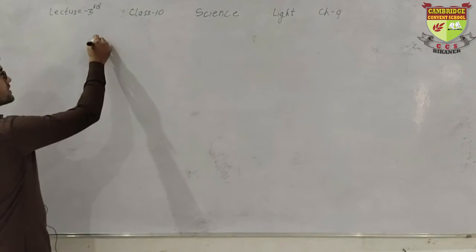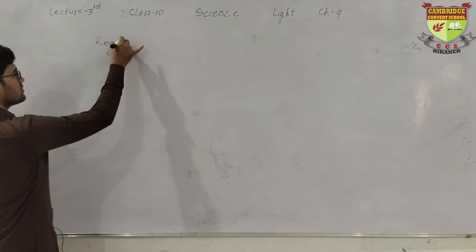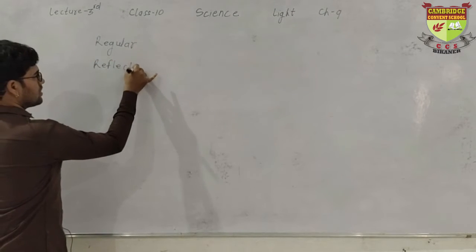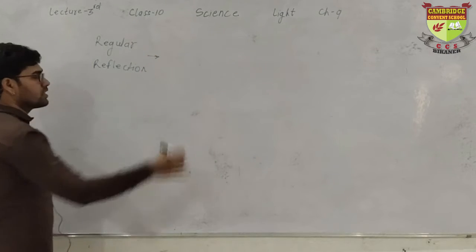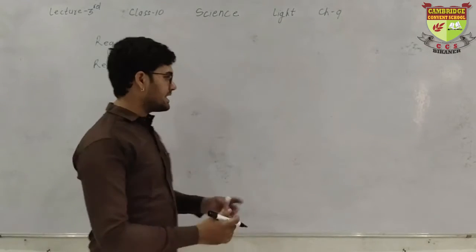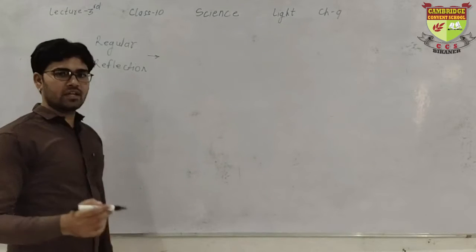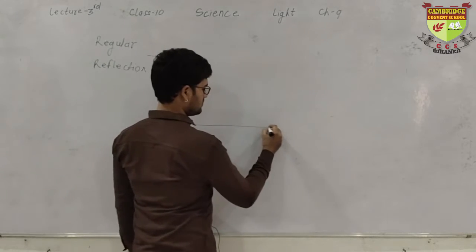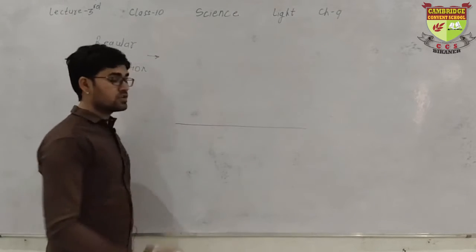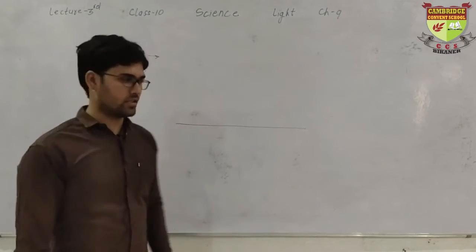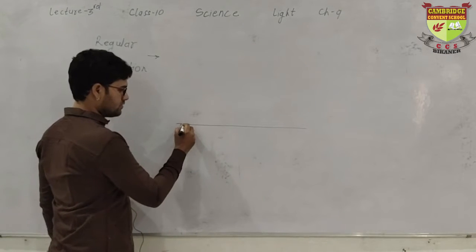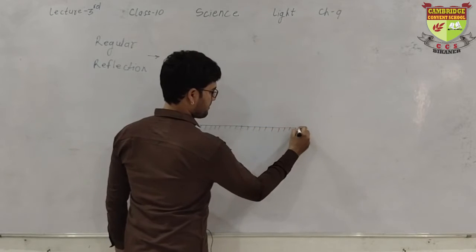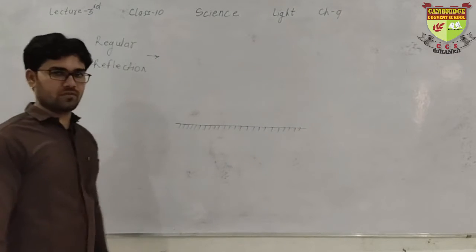The first reflection is regular reflection. What is regular reflection? Suppose there is a surface like this, a plane surface, totally smooth, right? This is a smooth surface.